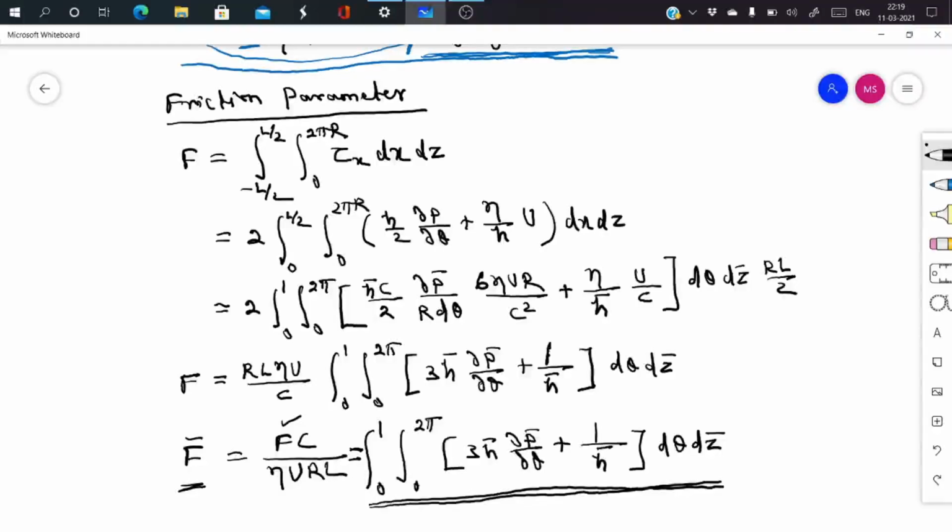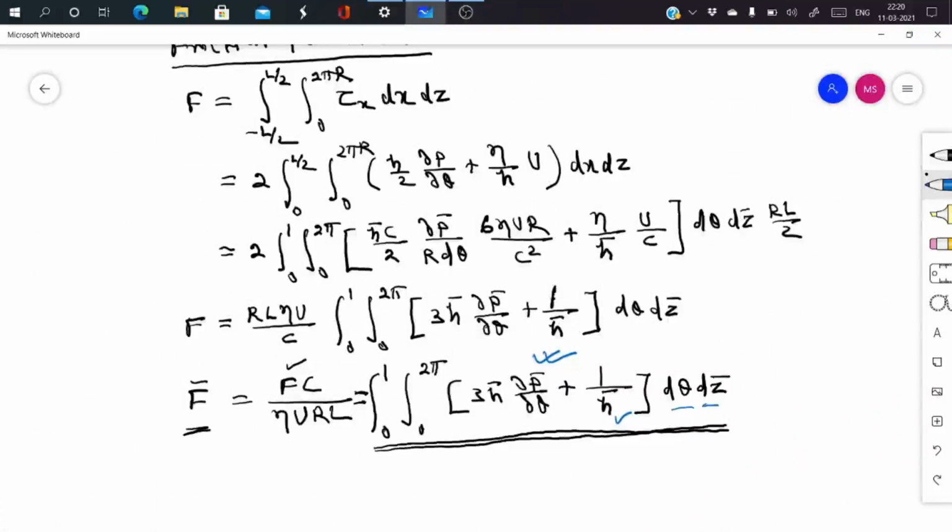Now you can see that everything is known to us. We already calculated P. If you know the calculation of P very well, you can calculate this del P upon del theta once again, and already H is known and these are coordinates. From that you can find out F bar. So this is the calculation of non-dimensional frictional force.